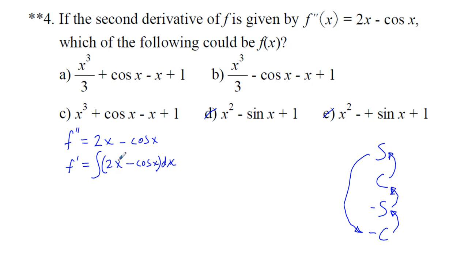And f prime is going to be, we have 2x squared over 2, and what is going to be the integral of negative cosine? Well, it's going to be negative sine. So it's going to change to sine x plus c. That's going to be f prime.